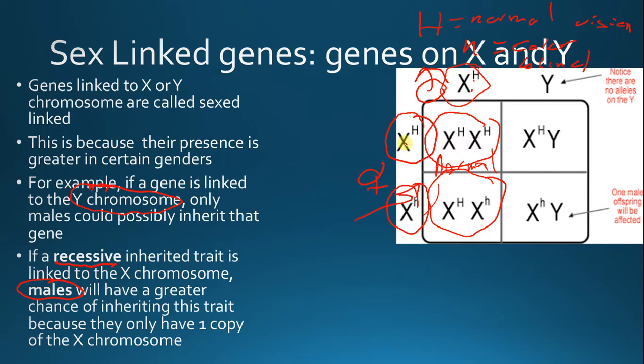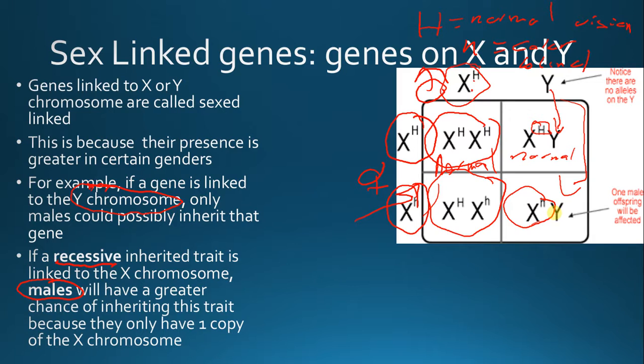If they receive the copy of the X chromosome with the normal dominant allele, they will be normal vision. They will receive the Y chromosome from their father. If they receive the recessive H from their mother and the Y from their father, they will be colorblind.